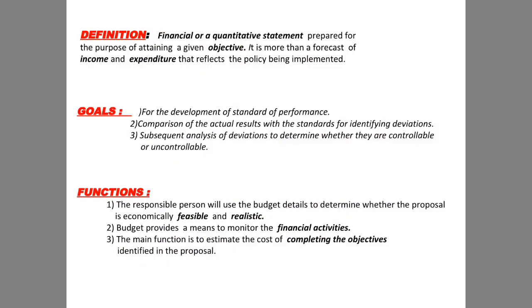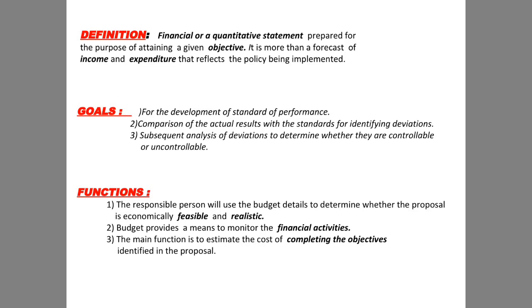So obviously, in any type of lecture, we have definitions. And the definition of a budget is a financial or quantitative statement prepared for the purpose of attaining a given objective. And that given objective allows us to do more than forecast income and expenditures, but allows us to reflect on our current policies, future policies, and managerial decisions we may need to make.